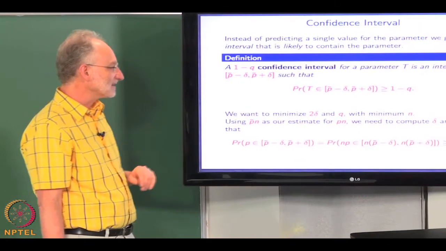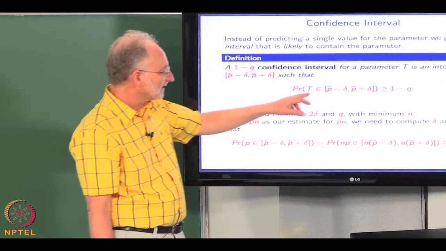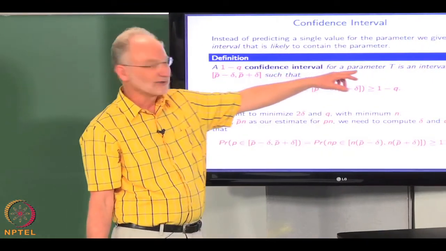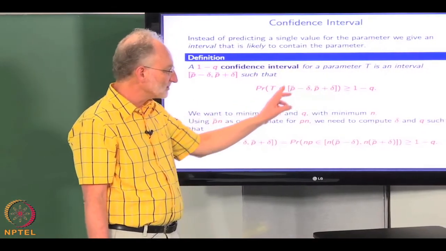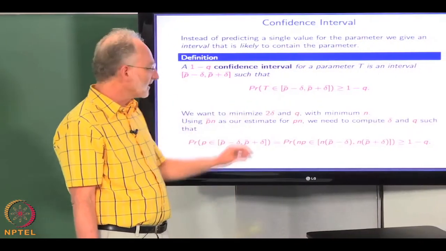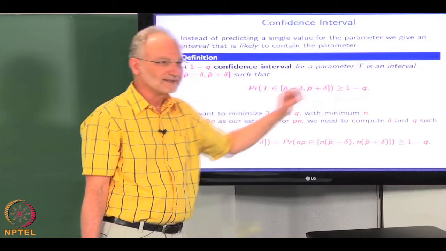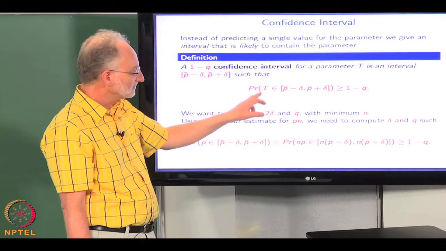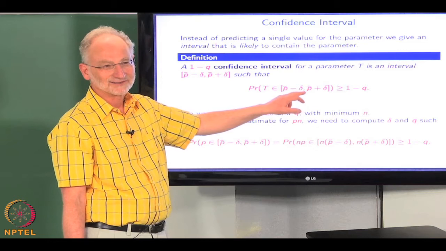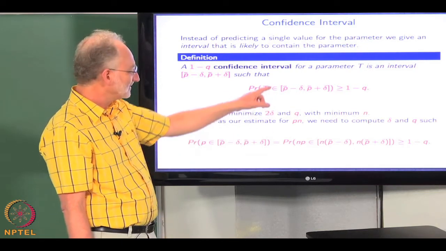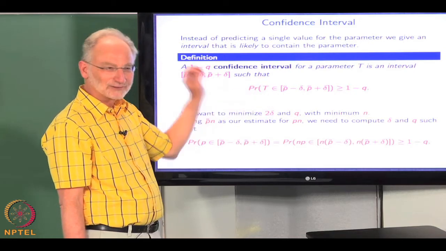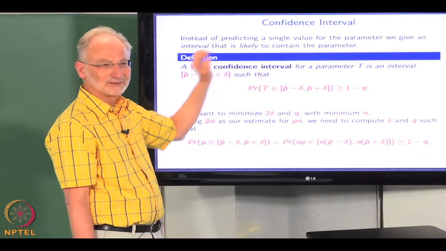A confidence interval for a particular value t is a range such that with very high probability, the value is inside that range. Now there's something very confusing here. T is a fixed value, written in nature, God knows about it.